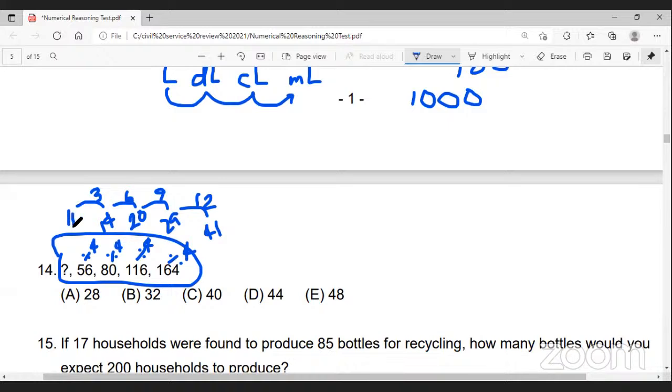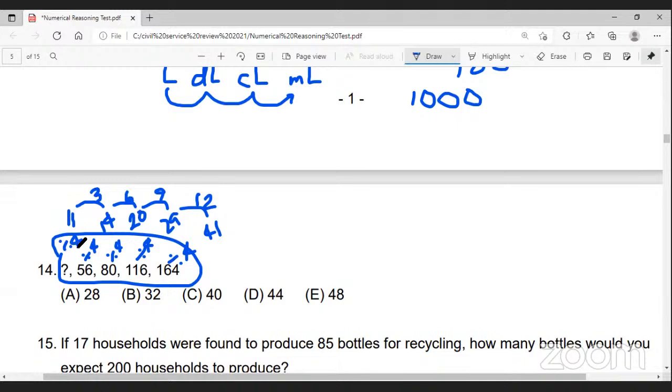Agree? But this would be a number that should be divided by 4 to have an answer of 11.